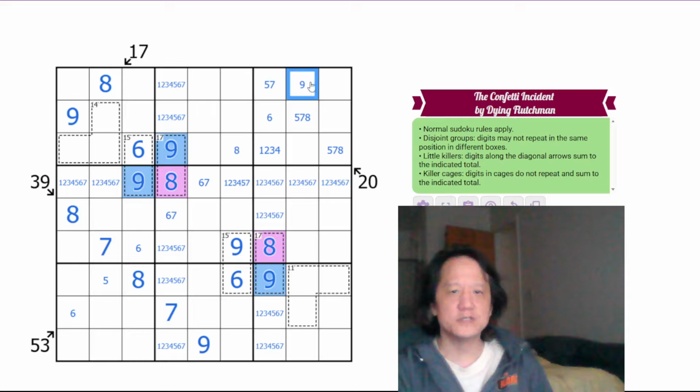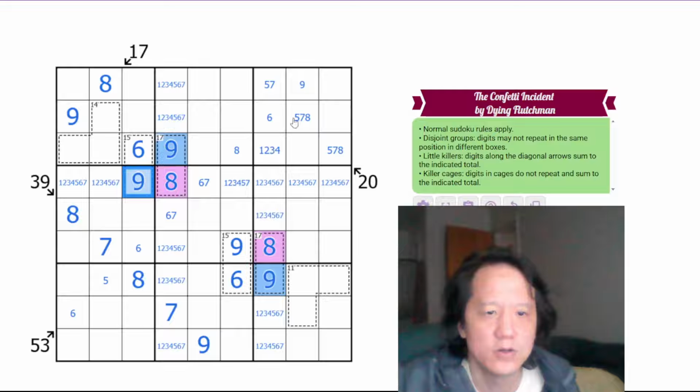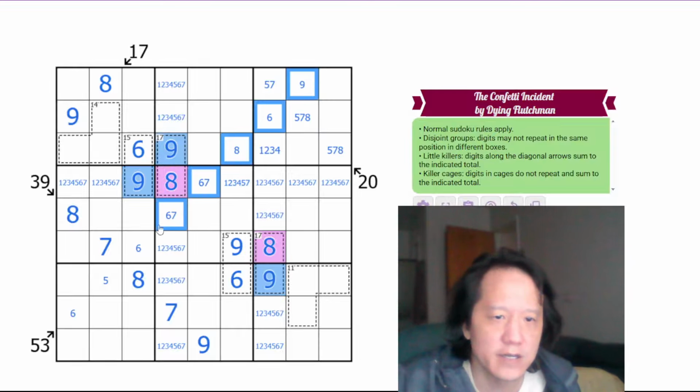Okay, so this is the most you can have along this diagonal if we had a 9 here. Does that add up to 53 is the question. We have 15 plus 8 is 23 plus 13. 23 plus 13 is 36 plus 6, 42, and 53.